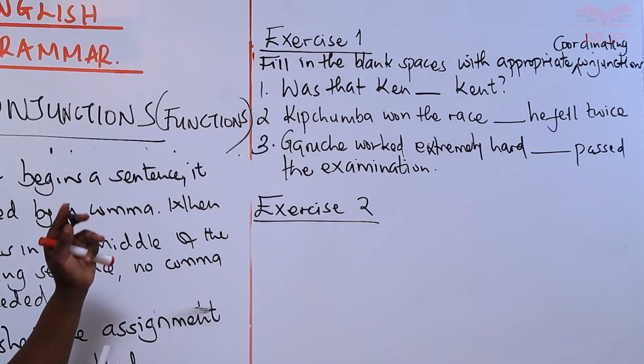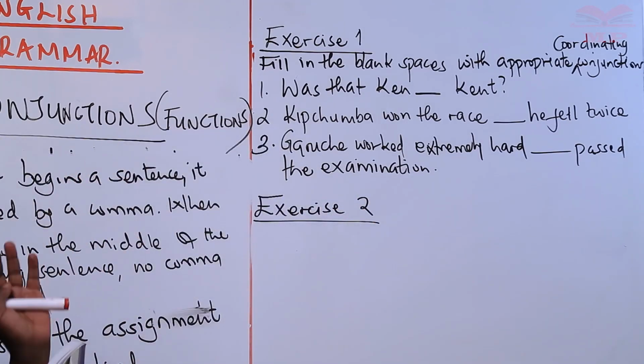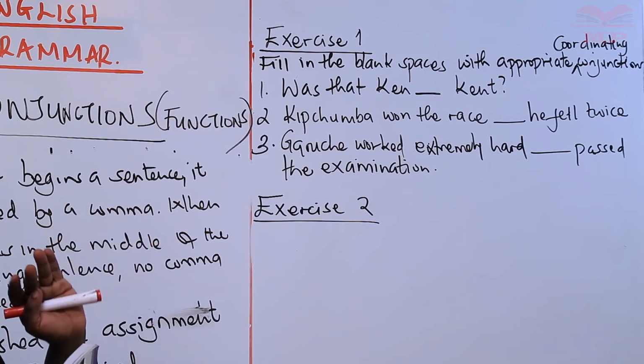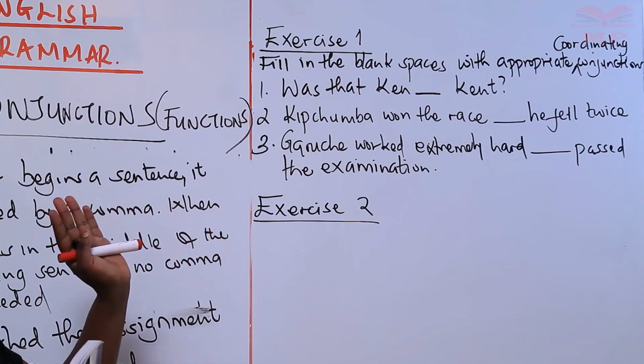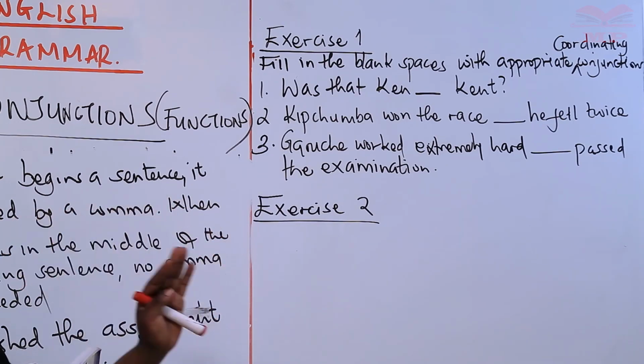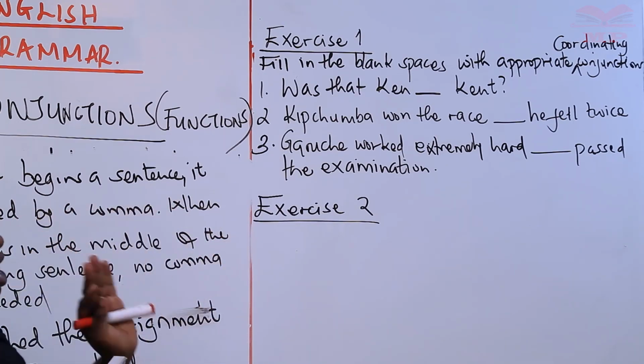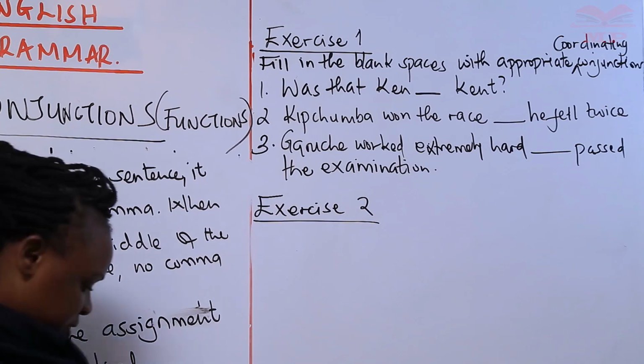Now, in exercise 1, you're supposed to fill in the blank spaces with appropriate coordinating conjunctions. I've just given you 3. Kent dash Kipchumba won the race dash he fell twice. Garuche worked extremely hard dash passed the examination. So choose either of the coordinating conjunctions we just learned about.